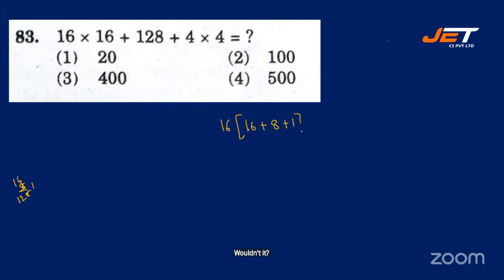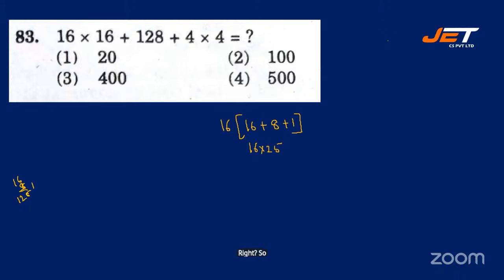Plus 1. So 16 into 6 plus 16 into 8 plus 16 into 1. So now it is easy for you to add it, isn't it? So 68 plus 1, 9. So 16 plus 9, 25. So 16 into 25. Right?